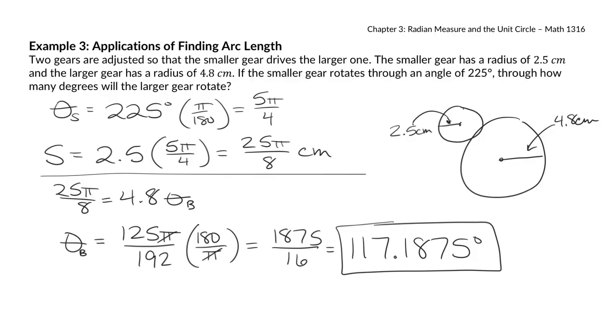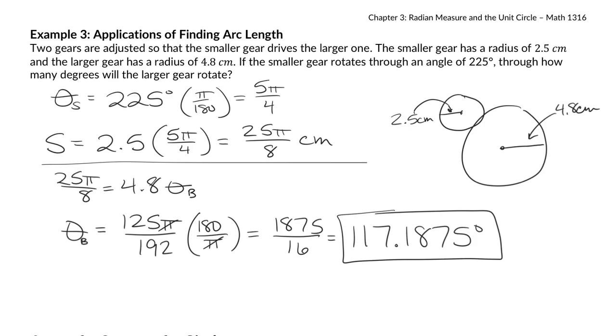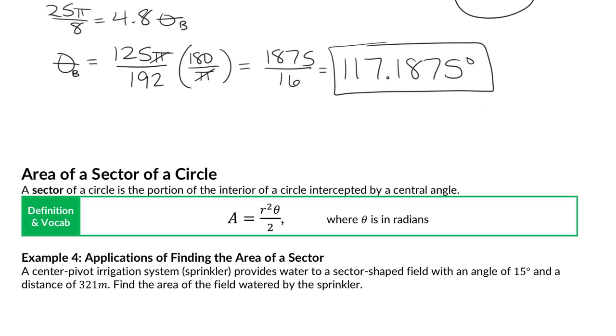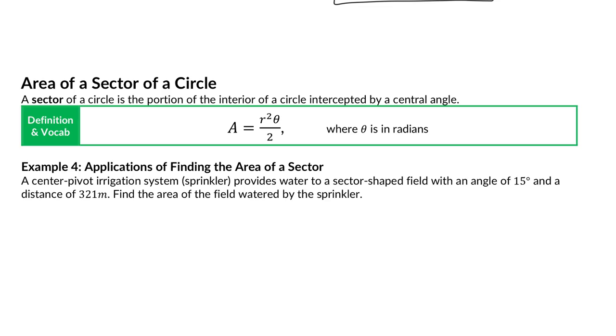Sound good? Okay, the last application of radians is called the sector area. So again, let's think about that circle that I sketched at the beginning of class, and it's a pizza slice, right? When we're talking about sector area, we're literally talking about the area of the pizza slice.